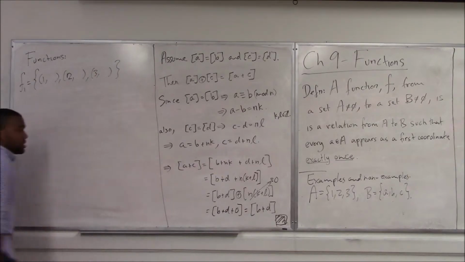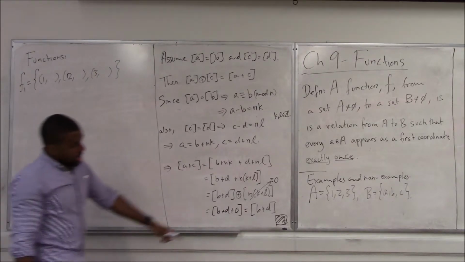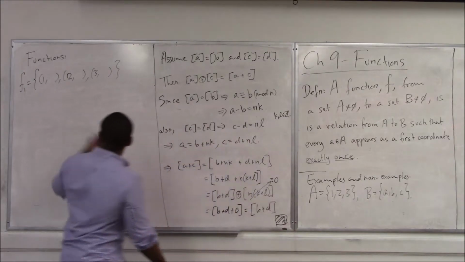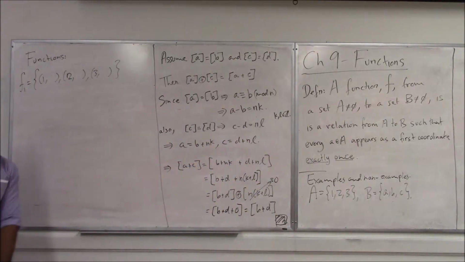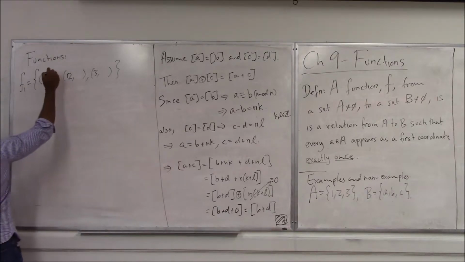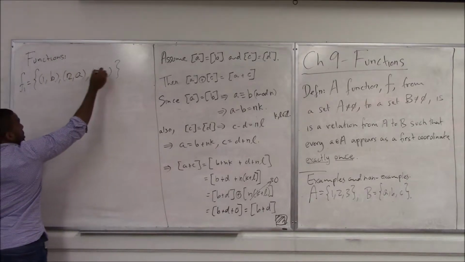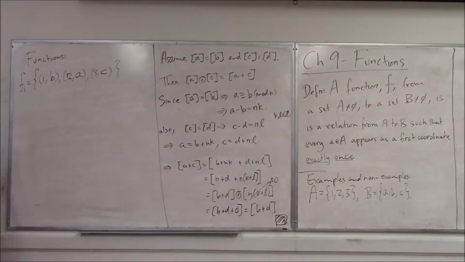One thing you need to know from a function: every element in A must appear as the first coordinate. Once you don't have that requirement, you're not a function. They must also appear only once. So a function looks similar to this, and I can just choose things from this set. So I can go B, A, C. That would create a function.